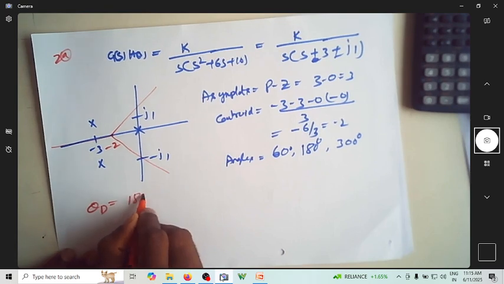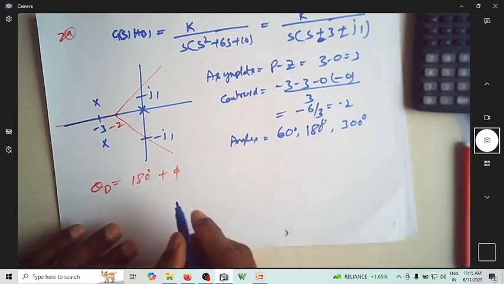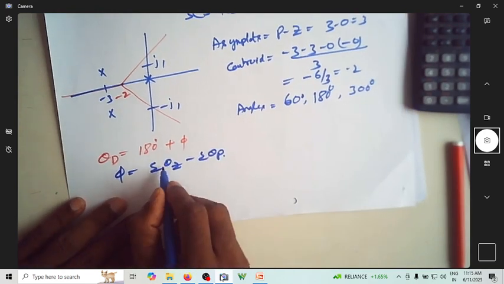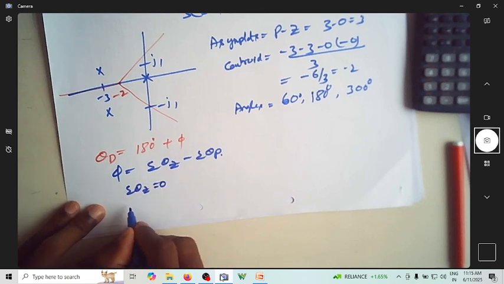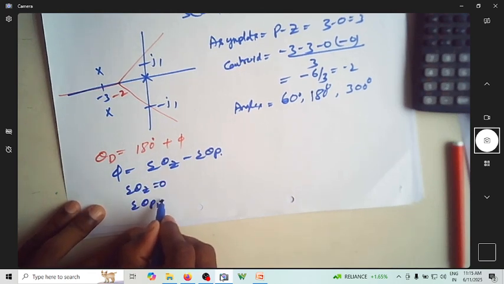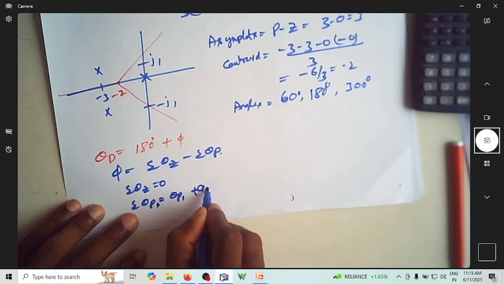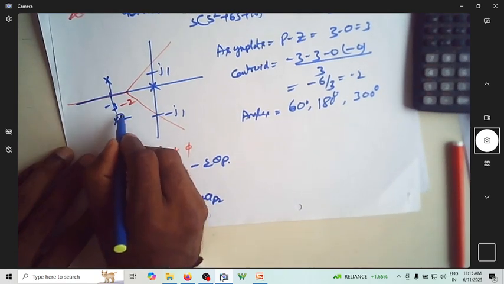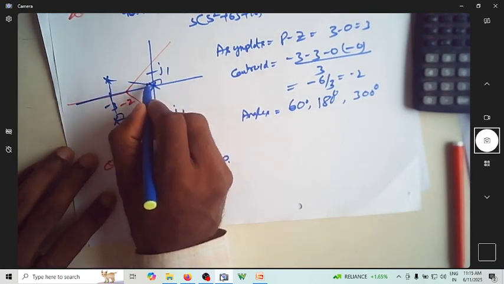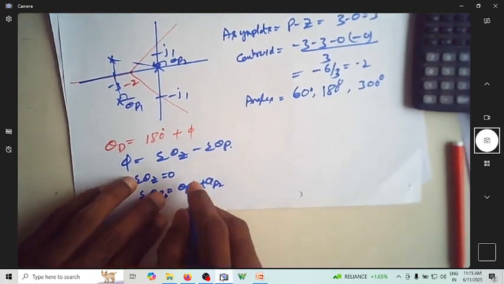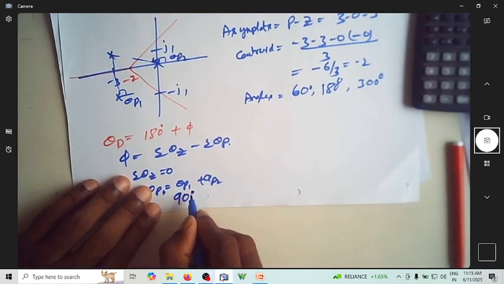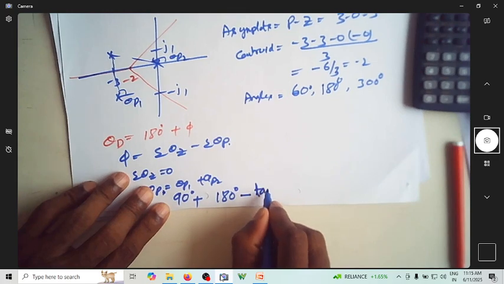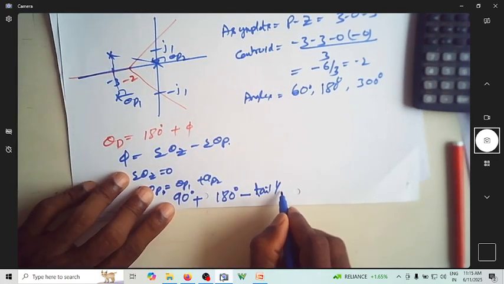Theta d is nothing but 180 degrees plus phi, where phi is equal to the summation of theta z minus the summation of theta p. Of course, the summation of theta z is equal to 0, whereas the summation of theta p is equal to theta p1 plus theta p2. This is theta p1, this is theta p2. Theta p1 is 90 degrees, and theta p2 is 180 degrees minus tan inverse of 1 by 3.